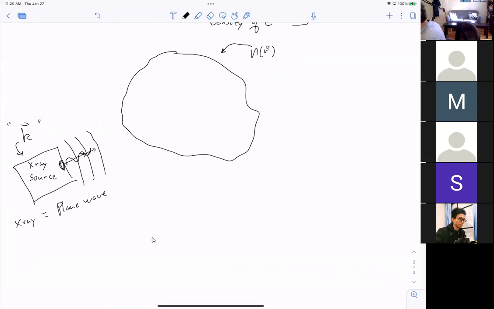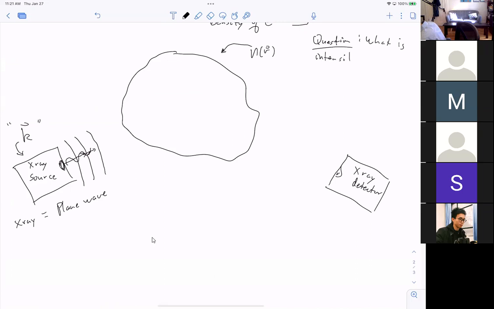And then I have a detector, my X-ray detector. The question we're going to answer is: what is the intensity of X-rays at the detector?